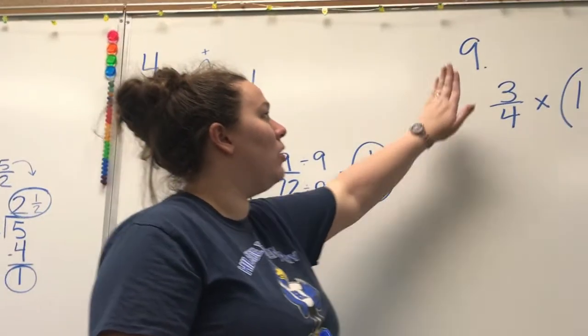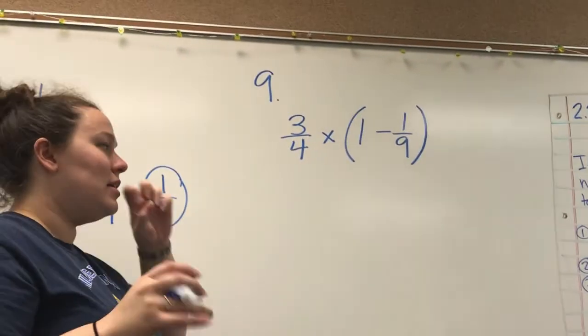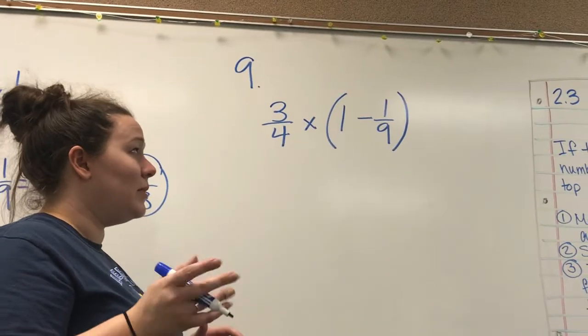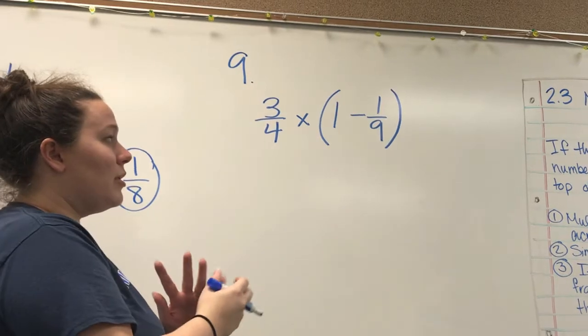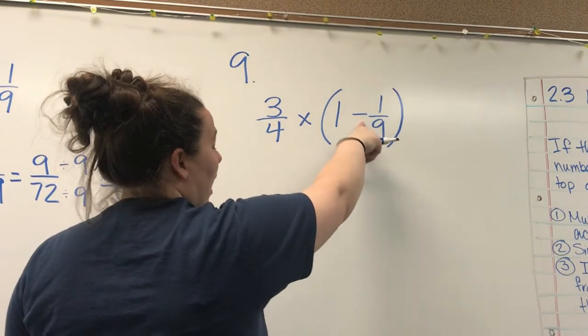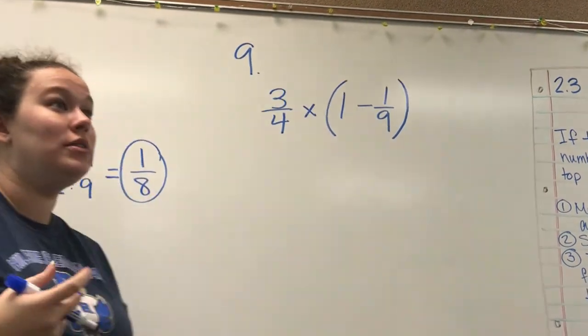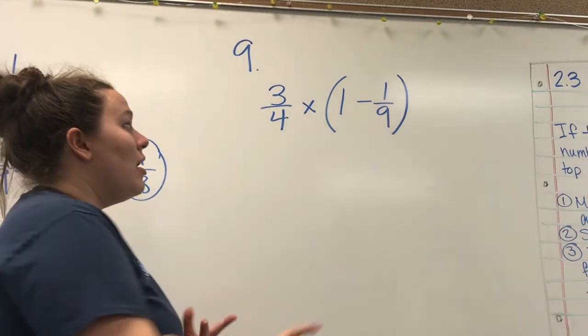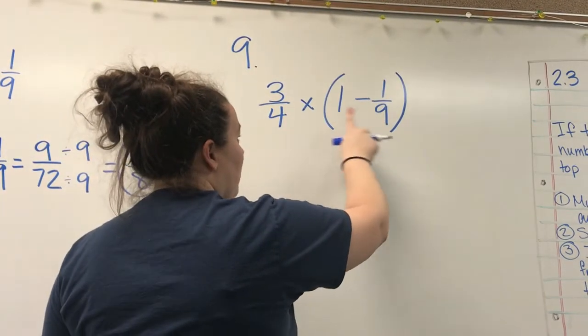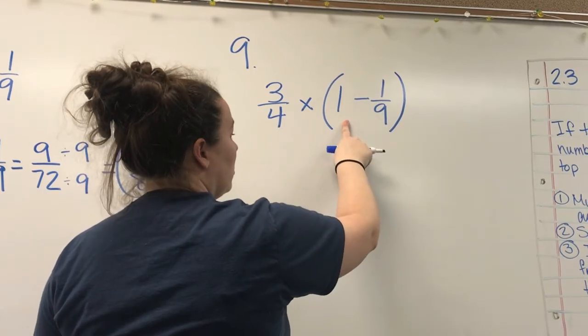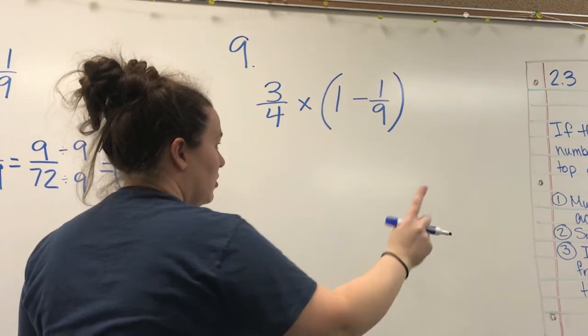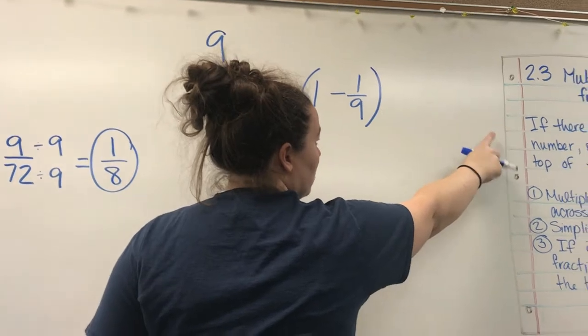Okay, now looking at number 9. This is a little bit different because we have our parentheses, and you know that we always have to start in our parentheses. And when we're adding or subtracting fractions, they have to have the same denominator. So how do I turn this whole number into a fraction? That was part of our notes over here.